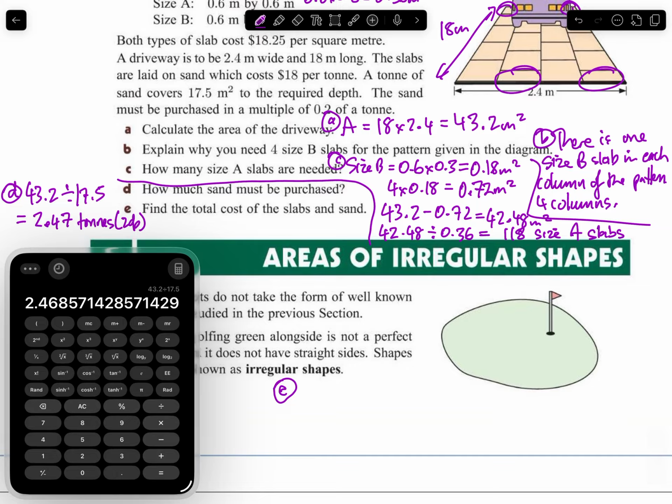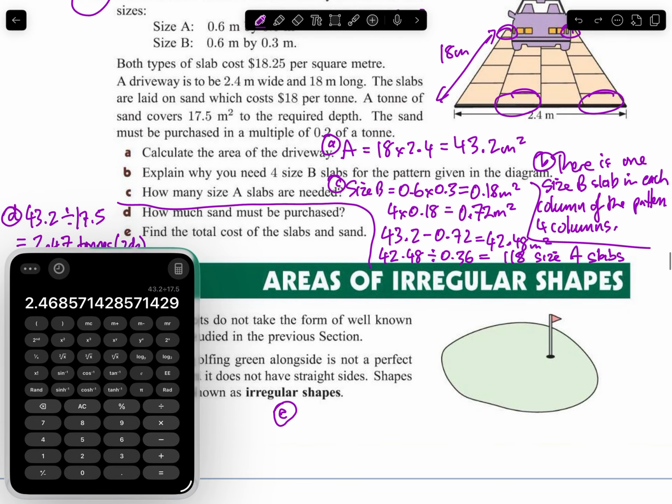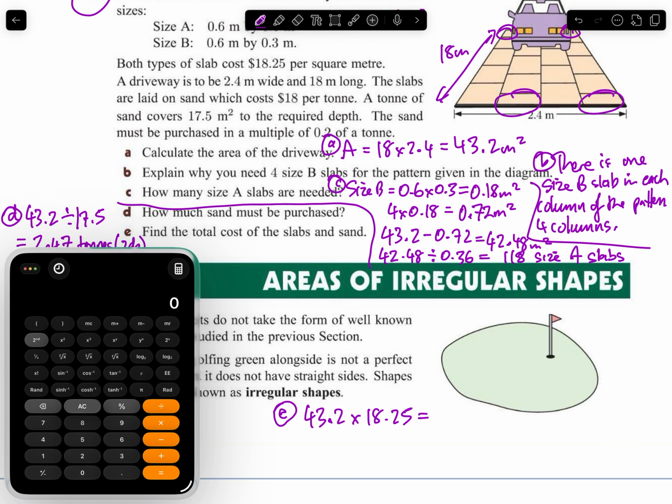Well, they both cost the same. So we just need to know how many square meters of slabs need to be covered, which is 43.2 times $18.25. That's $788.40 for slabs.